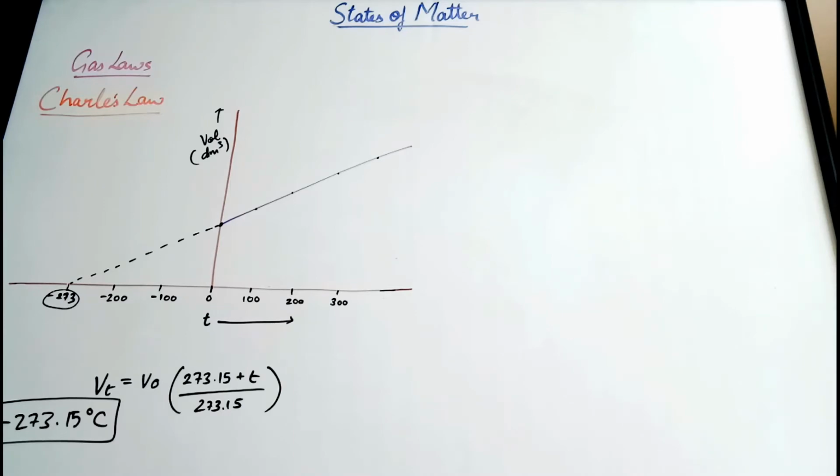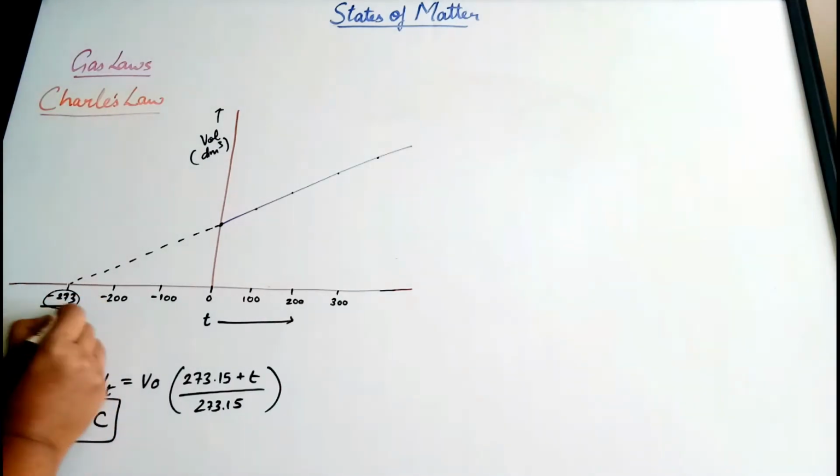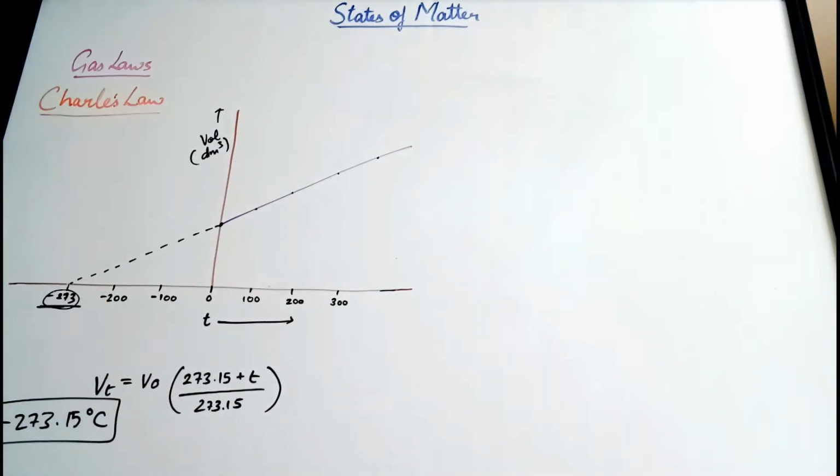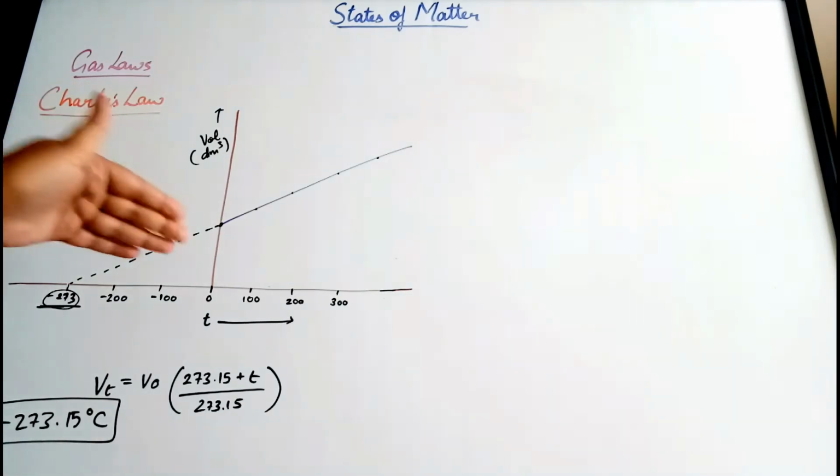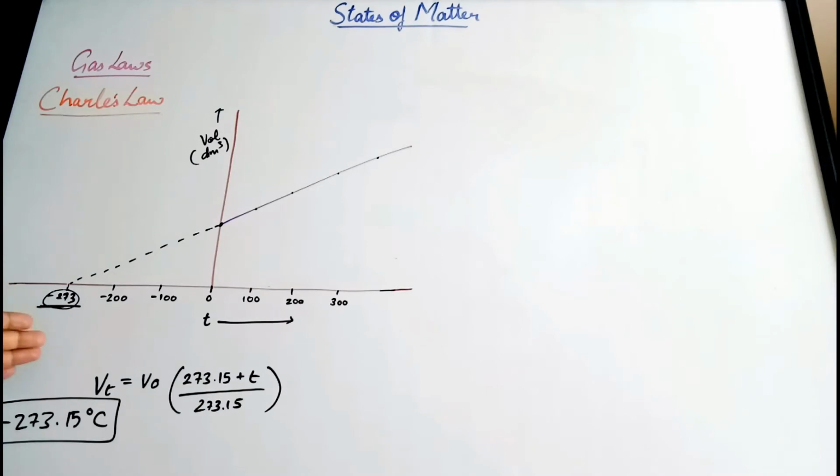So Charles proposed that this minus 273 degrees is the lowest possible temperature. Even when they did it for various gases at various temperatures, no matter what the gas was, it met the x-axis at minus 273 degrees Celsius.